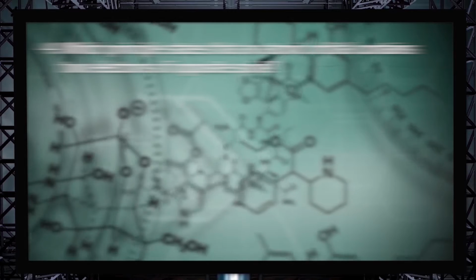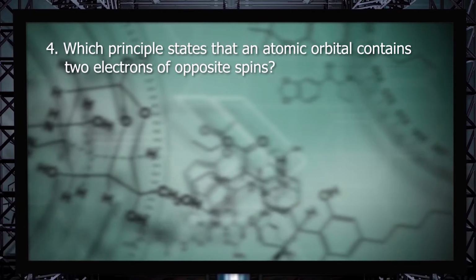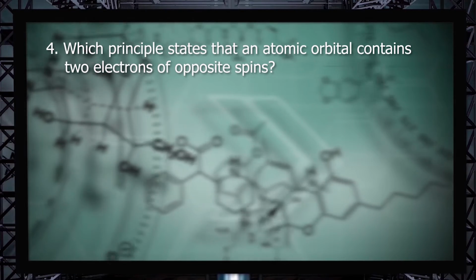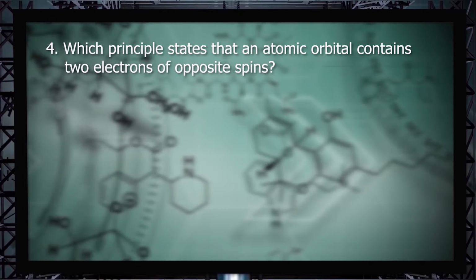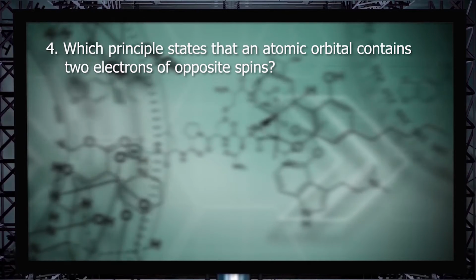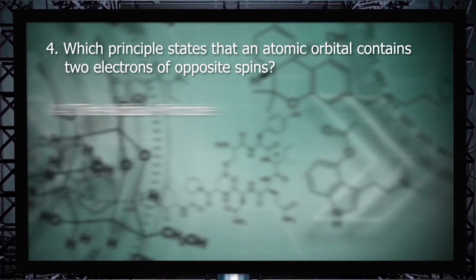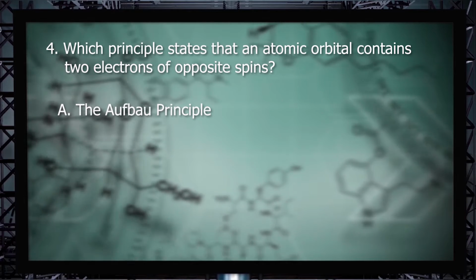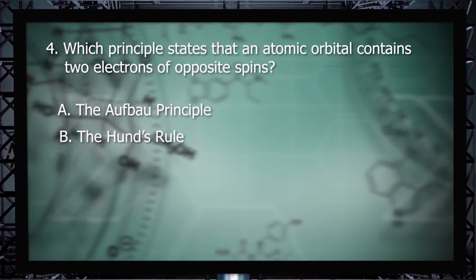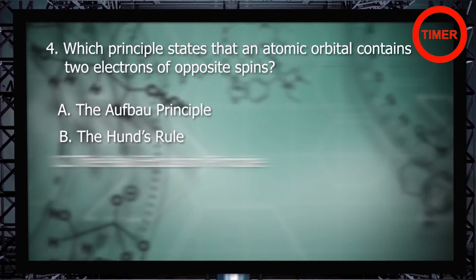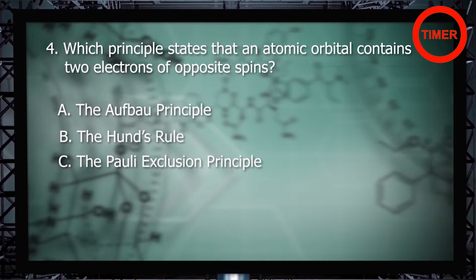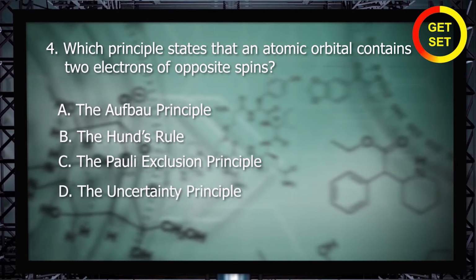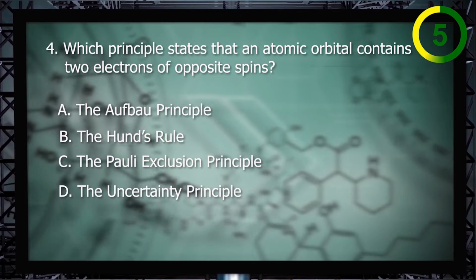Number 4. Which principle states that an atomic orbital contains two electrons of opposite spins? A. The Aufbau principle. B. The Hund's rule. C. The Pauli exclusion principle. And D. The uncertainty principle.